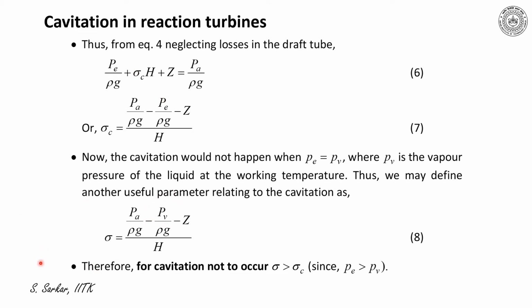Therefore, please note that for cavitation not to occur, sigma must be greater than sigma C, since PE would be greater than PV.